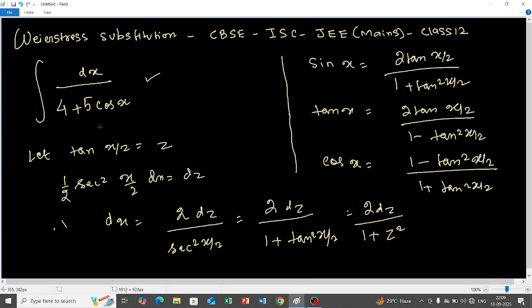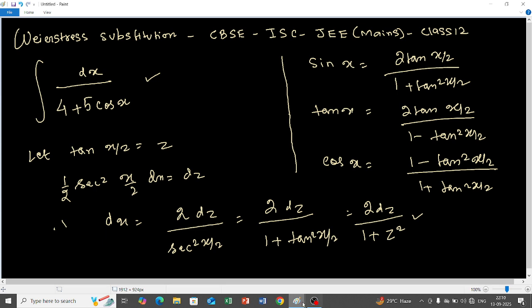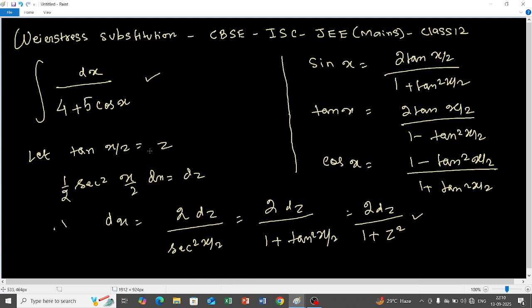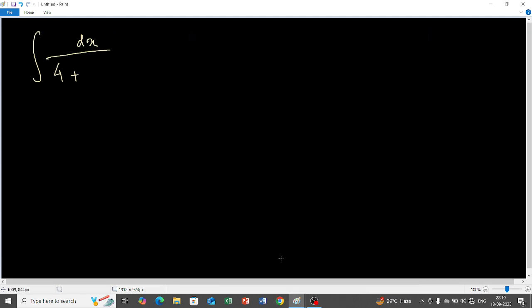Now we are going to substitute this value in this integration. So we get integration dx divided by 4 plus, now what can we write for cos x? We have to write cos x in terms of tan x by 2, so that is 1 minus tan square x by 2 by 1 plus tan square x by 2.